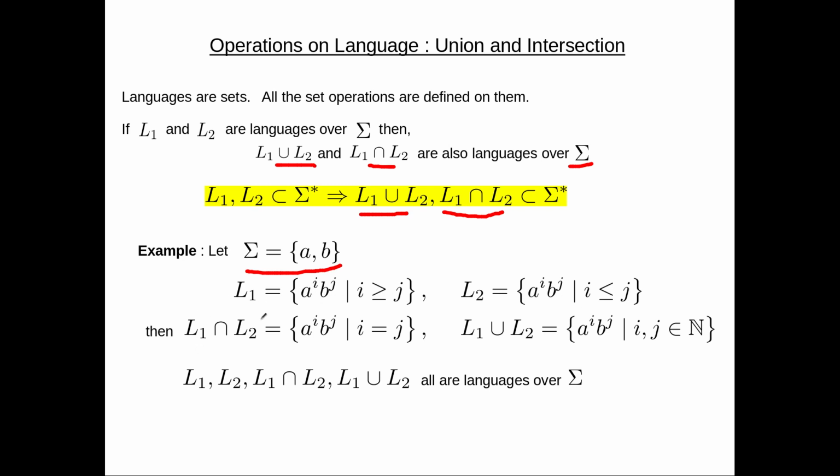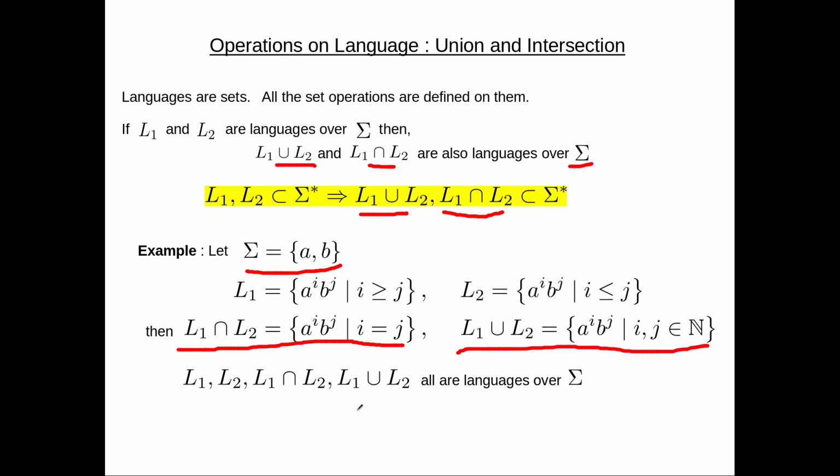If I take the intersection, that means i is both greater than or equal to j and less than or equal to j, so i should be equal to j. So this intersection is this language. And if I take the union, then obviously there is no restriction on i and j, but still the format should be a to some i and b to some j.